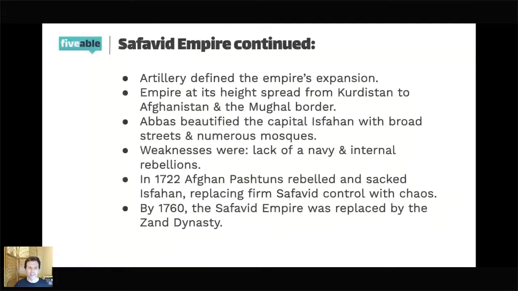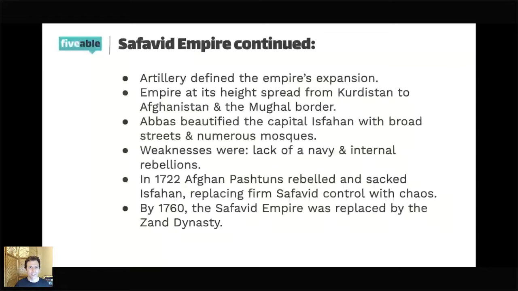Artillery defines this empire's expansion. So at its height, it's going to move from Kurdistan in what's today Iraq all the way to Afghanistan into the Mughal border itself.